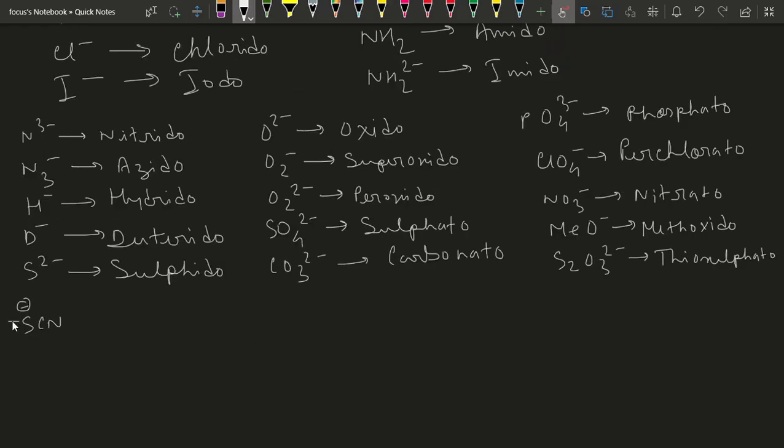Here I am showing this dash because this thiocyanate is connecting to the metal ion via the sulfur atom, and the name is thiocyanate-S. Similarly, when it is connecting via the nitrogen atom, the name is the same, but we put N here.